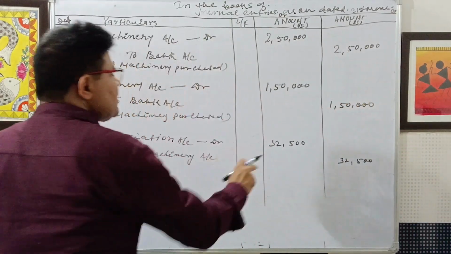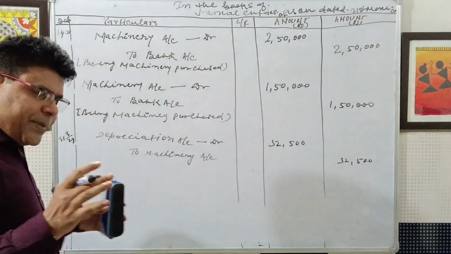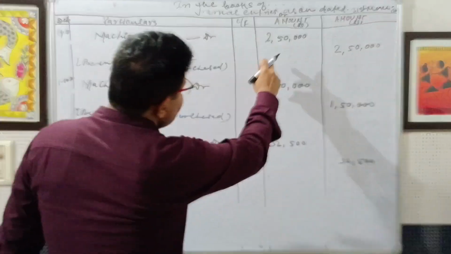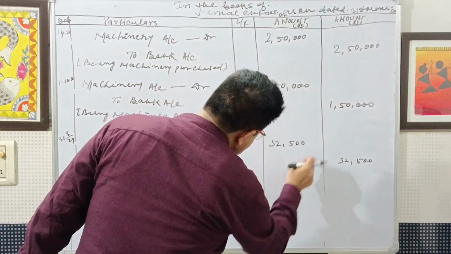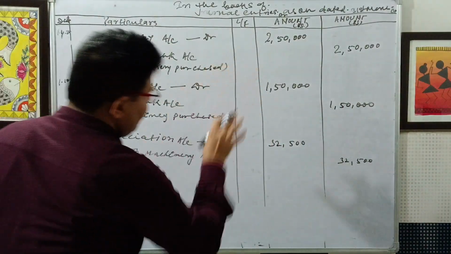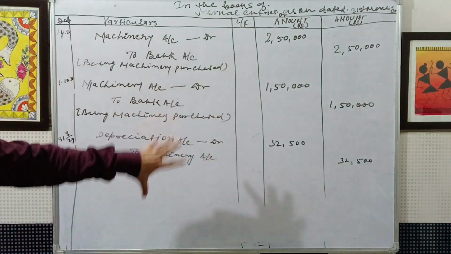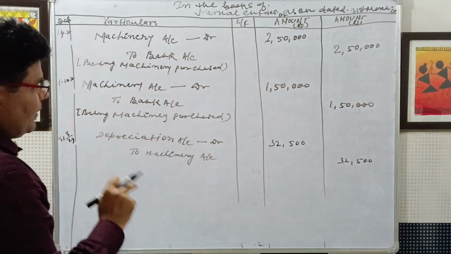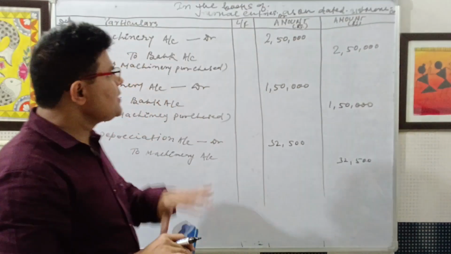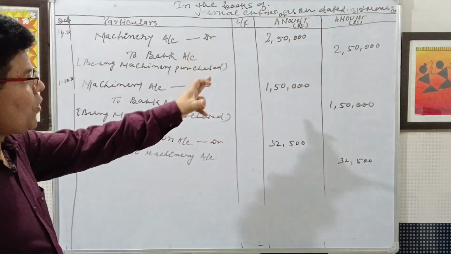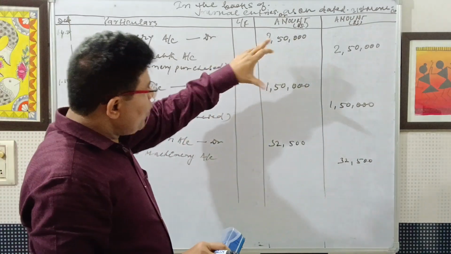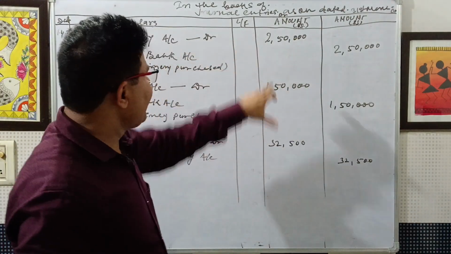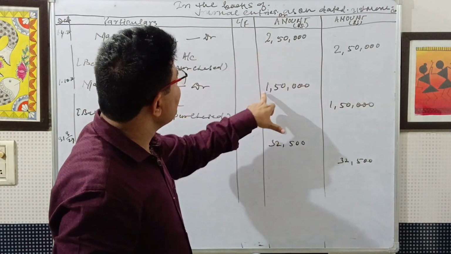The name itself says reducing: the amount is reduced from the original cost. But if the method is the fixed installment method, then it is always charged on the original amount, like 2,50,000 and 1,50,000.